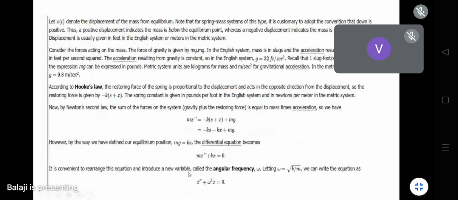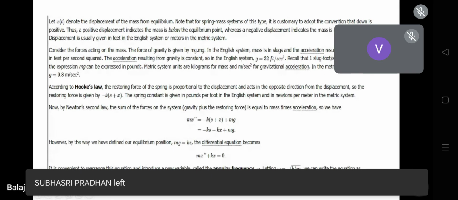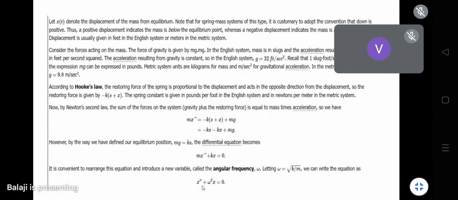So this is our second order differential equation. If you solve it, we get roots of complex conjugate type, and from the complex conjugate roots we get the solution C1 cos omega x plus C2 sin omega x.